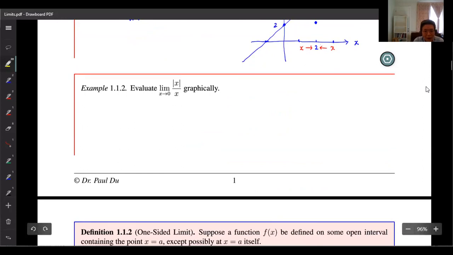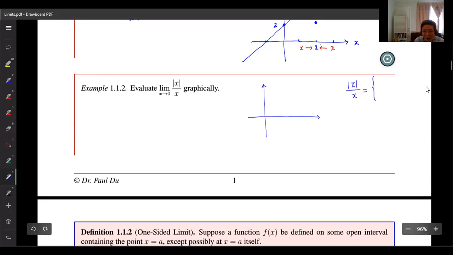This one, as x approaches 0. Again, we're using a graphical approach. We need to graph this function. If you're allowed to use a calculator, you can use it to graph this. Otherwise, you just rewrite it, so this actually equals this. It's a piecewise defined function.